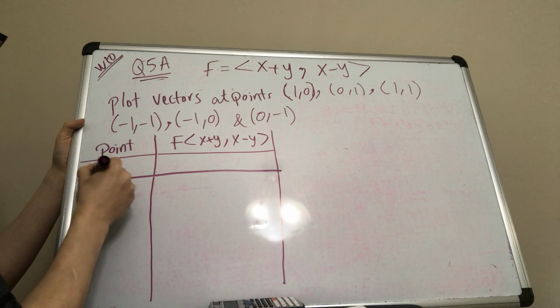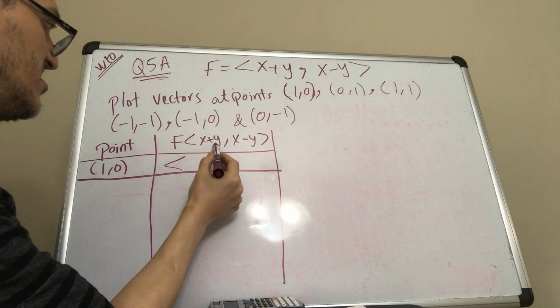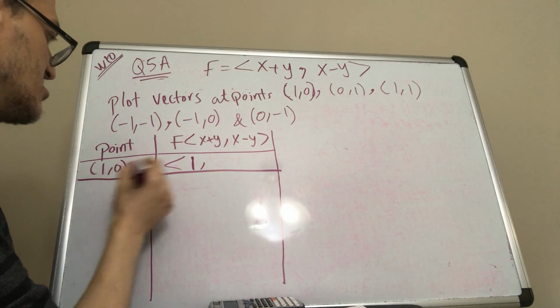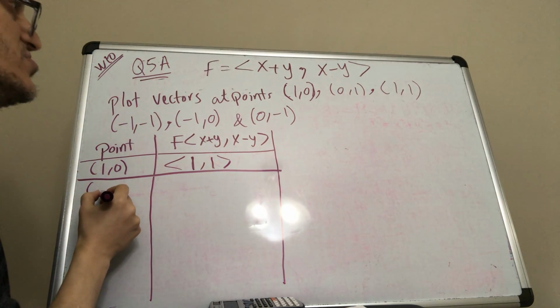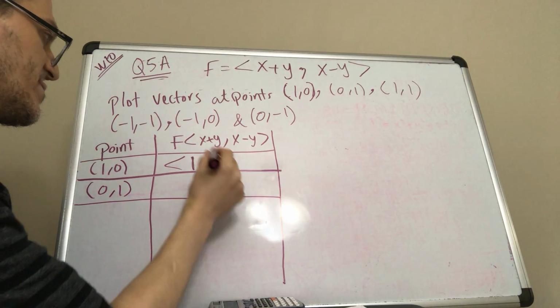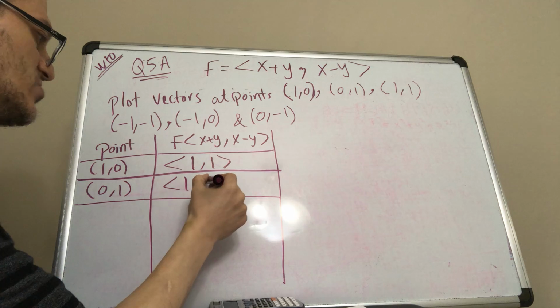First point is 1, 0. You add them, and x minus y, so it's 1, 1. Point 2, 0, 1. You add them, and you go 0 minus 1.